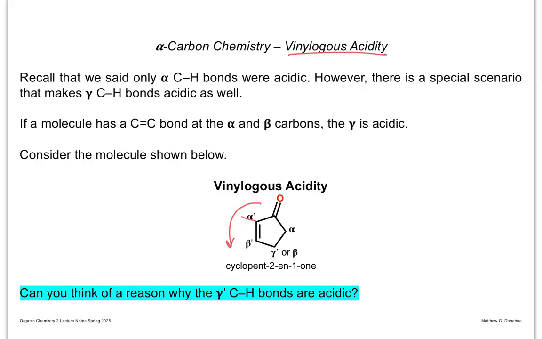So these H bonds, they're not very acidic. If we go around the other way, clockwise, there's your normal alpha carbon, so those are acidic.